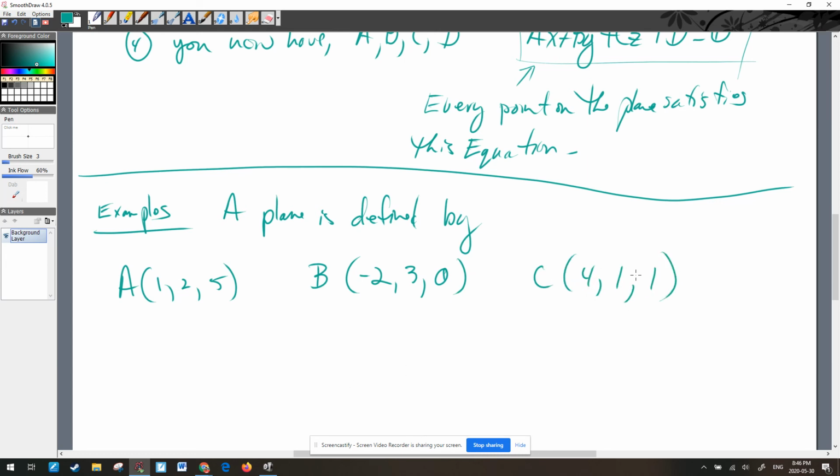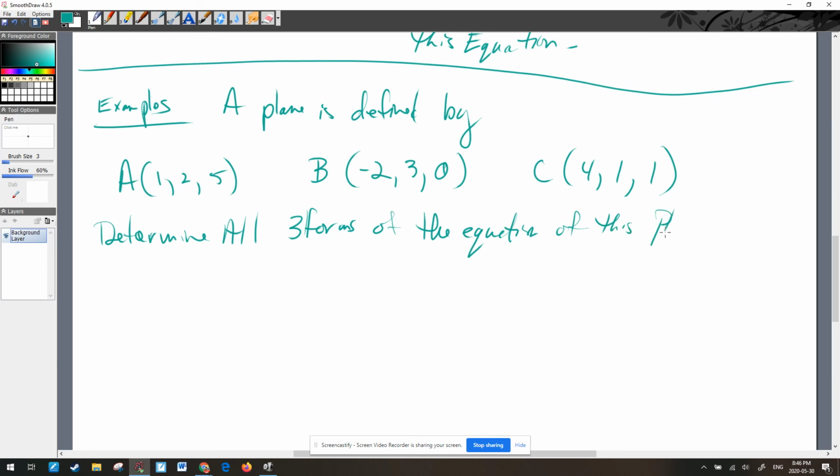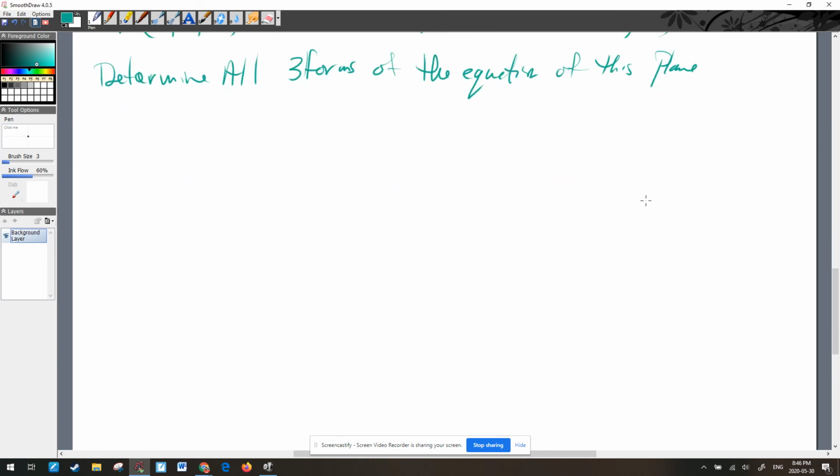So a plane is defined by those 3 points. Now here's hoping they're not collinear. I can't imagine that I got so unlucky that they'd be collinear. They're not going to be. So I'd like you to find all three forms of the equation of this plane.